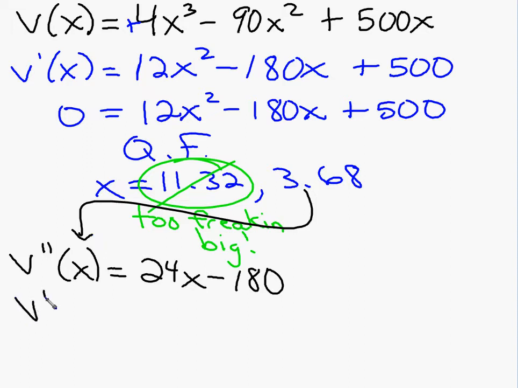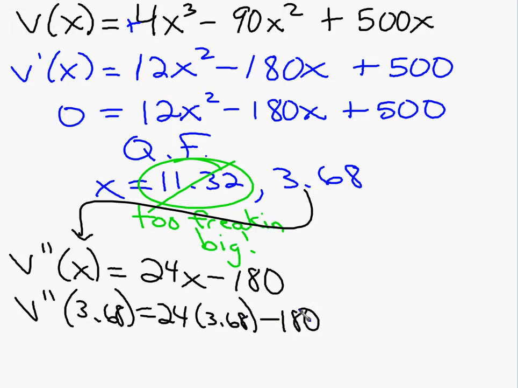I'm going to do V double prime of 3.68, which will be 24 times 3.68 minus 180, and I can already tell that's going to be some kind of negative number. Negative what? Negative 91.68.